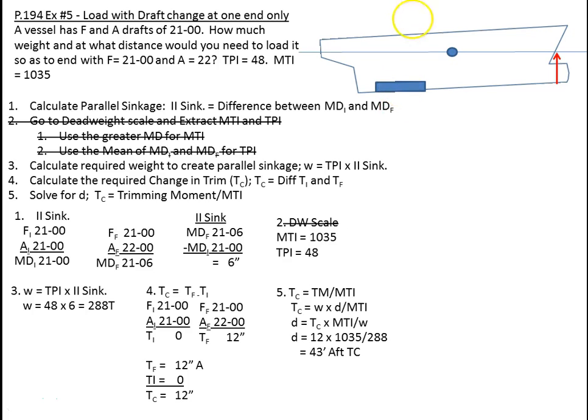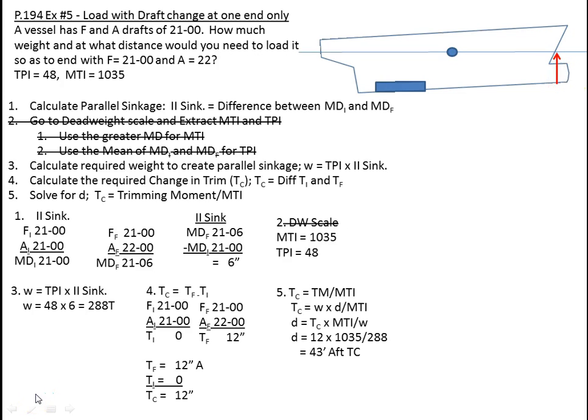Okay, so if we ballasted down at 43 feet, the forward draft would remain the same, and all of the draft changes would happen at the stern. There's a spot like this up forward, where if we put it up here instead of back here, we could have kept the stern draft at 21 and increased the forward draft.